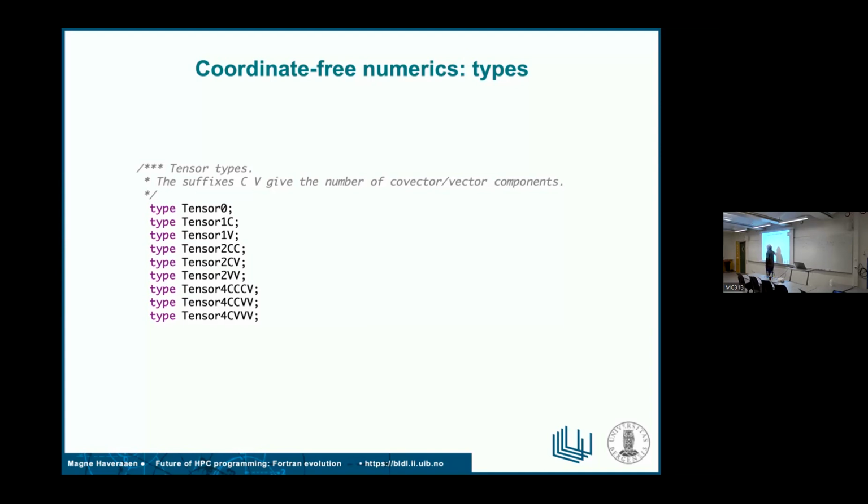When I come to dyadic tensors, which correspond to two-dimensional arrays or matrices, I have two covector components, one covector and one vector component, and two vector components. In certain parts of physics, these are distinguished by having upper indices and lower indices. And the contraction operation is when you have an upper i and a lower i in some position, and you contract because you do a summation over the common i.